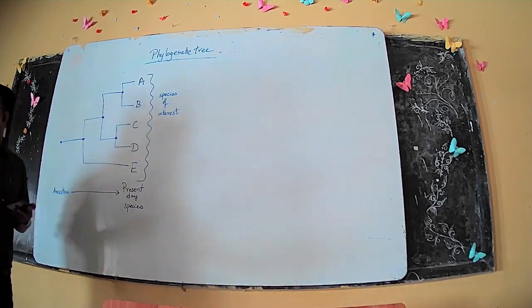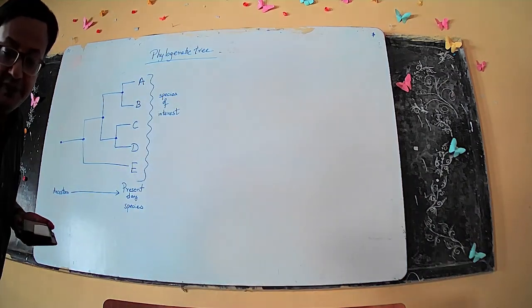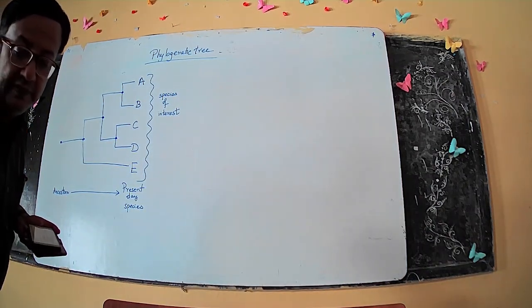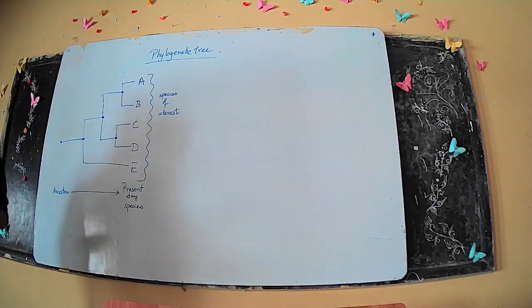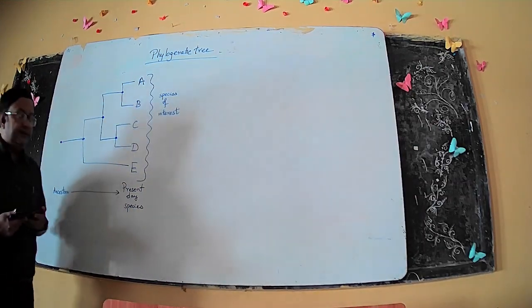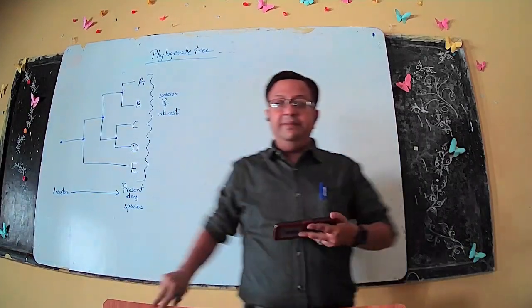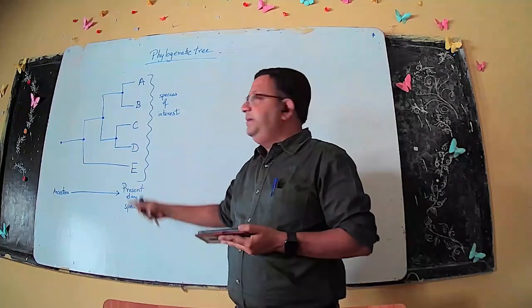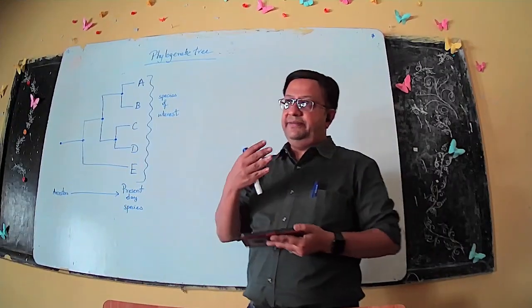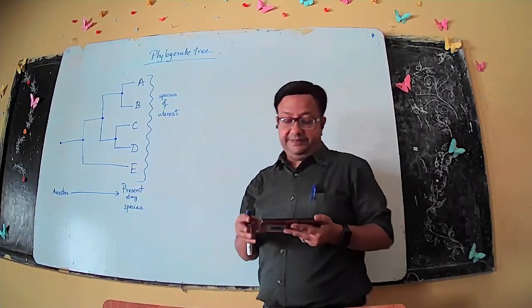These are in between, in time. So these ancestors are not alive now, they have become extinct. Okay? But present day, only A, B, C, D and E are living. Others have died. They are extinct.